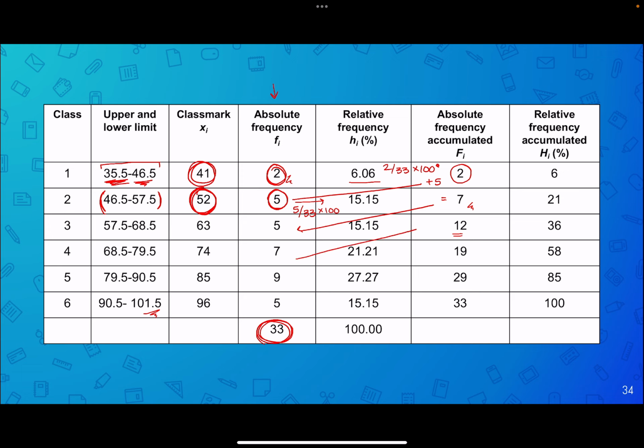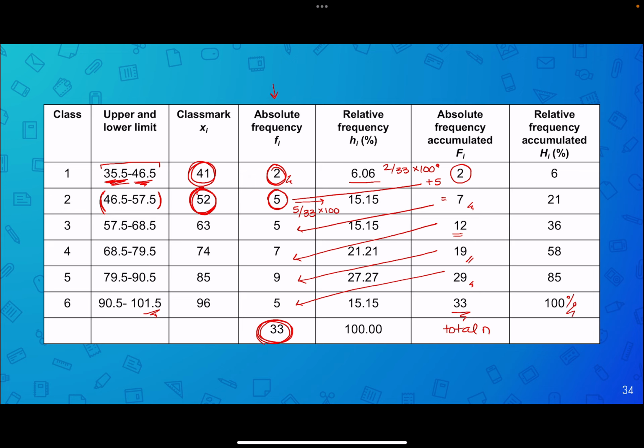And the 12 plus the 7 gives me 19. 19 plus 9 gives me 29. And 29 plus 5 gives me the 33. This should be my total n. In percentages, it's easier because it needs to add up to 100%.